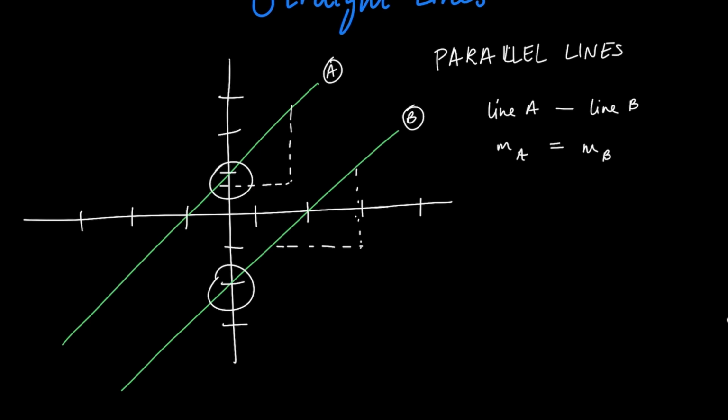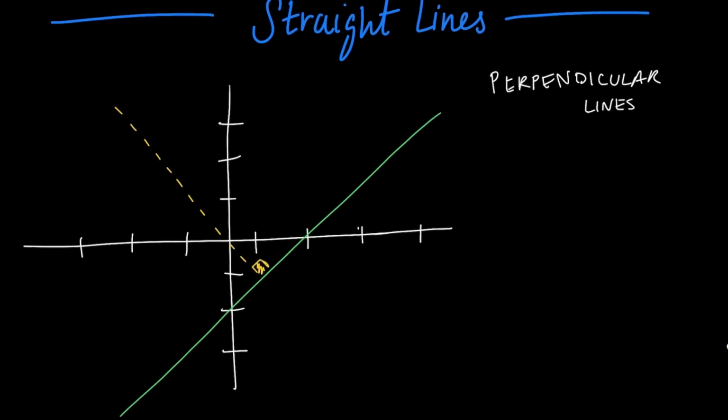That is the only difference in the equation of these two lines. So what we can say is L1, which is represented by line A, is parallel to L2, which is line B. So the slope of line A is equal to the slope of line B. I accidentally wrote 2, but it's supposed to be B.